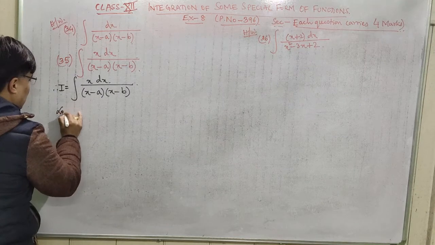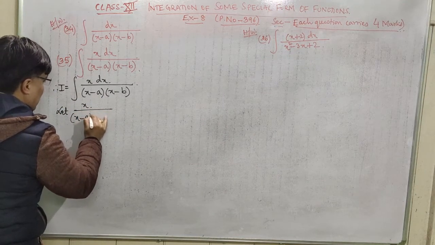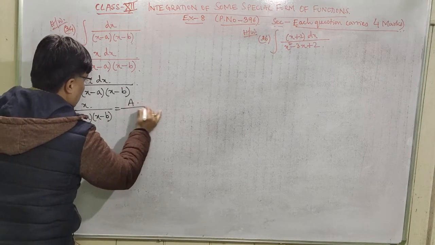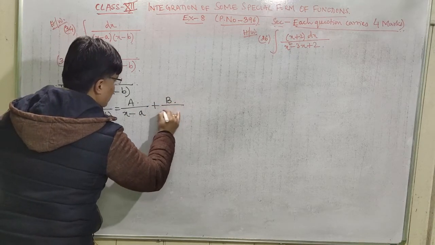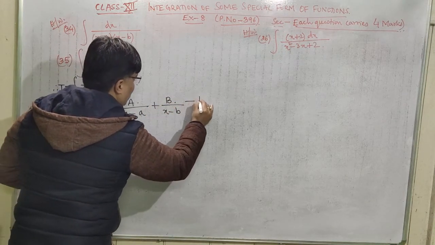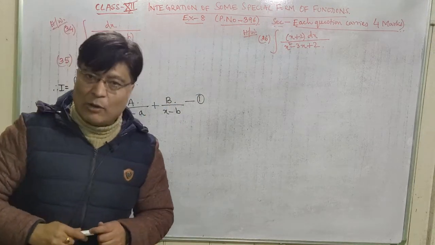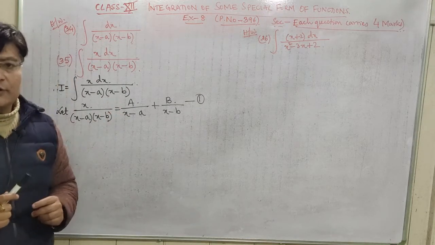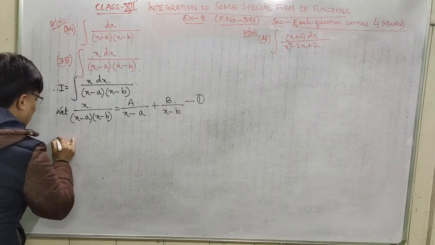So let x upon x minus a into x minus b is equal to capital A upon x minus a plus capital B upon x minus b, where a and b are constant. And now our work is to find out those values of constants A and B. Okay, so let us find it.